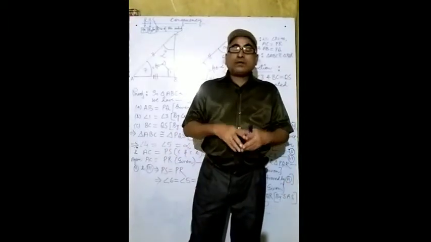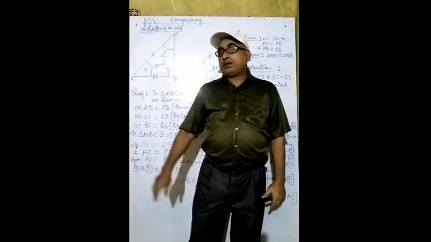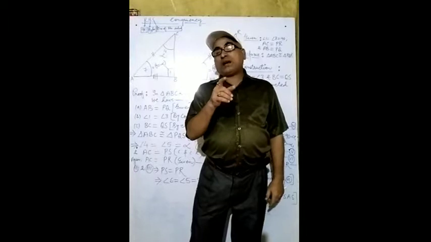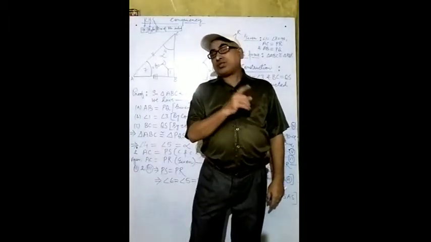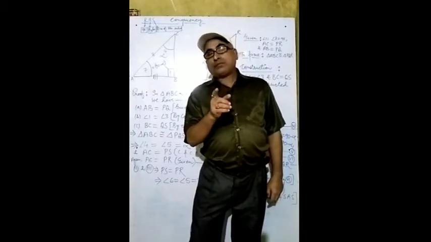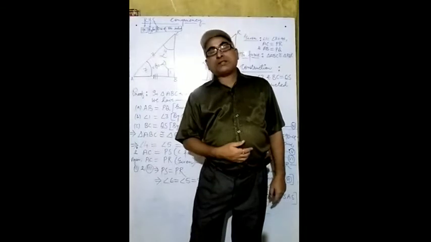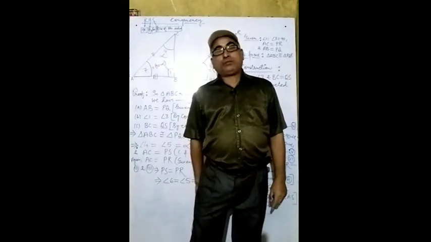Again, the same process as you have done in proving congruency of side will be done here. Again, additional construction is required, and that will be the part of construction.